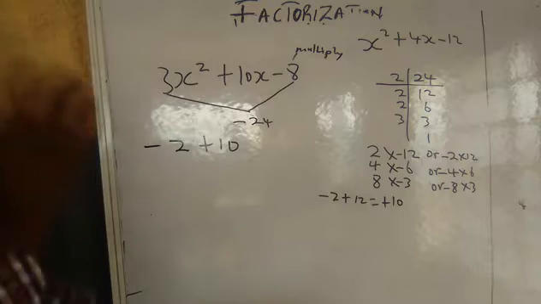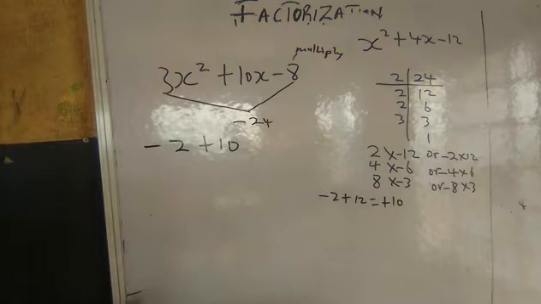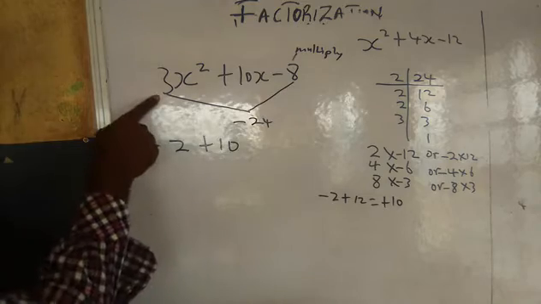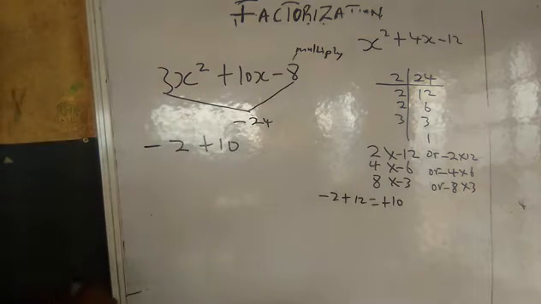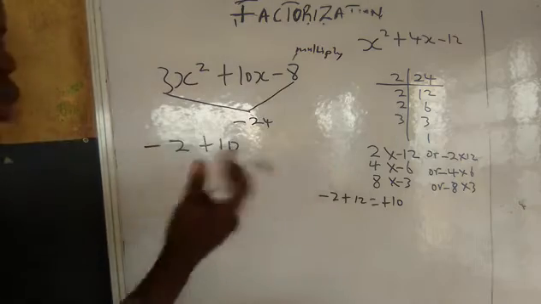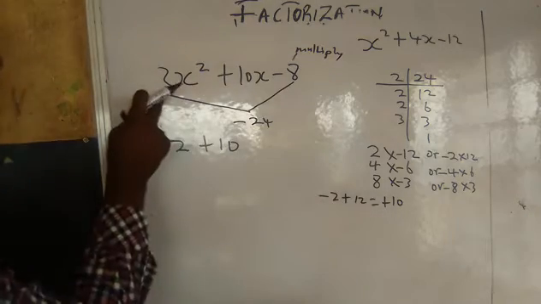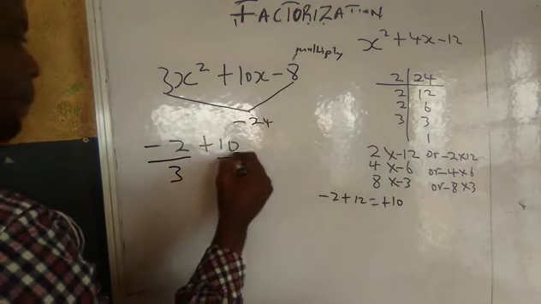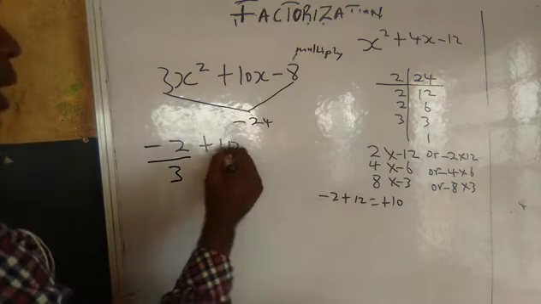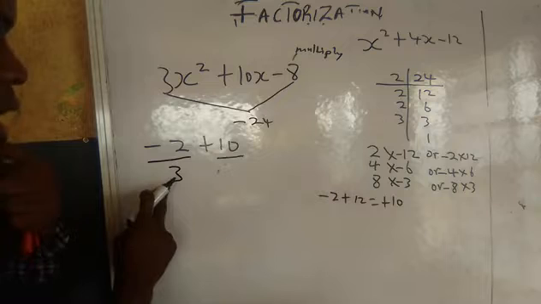But wait now. You are not going to open your bracket and put x now, because of the coefficient that is visible here. Anytime the coefficient is visible, what you do is you divide the two numbers that you have by that coefficient. This is going to be by 3. Am I right?